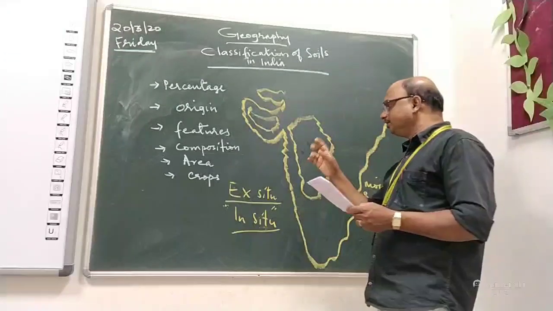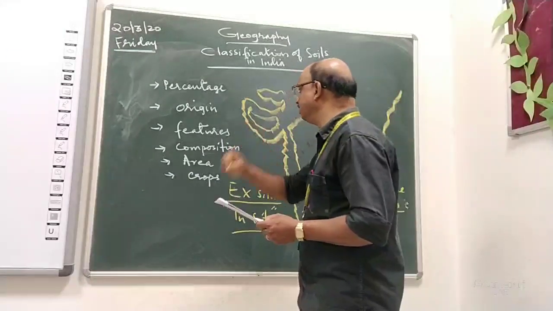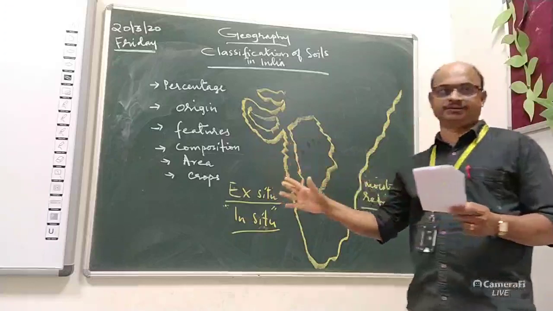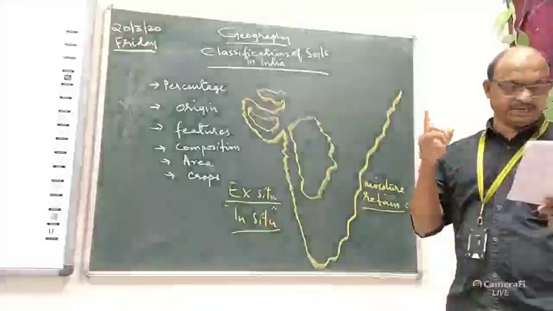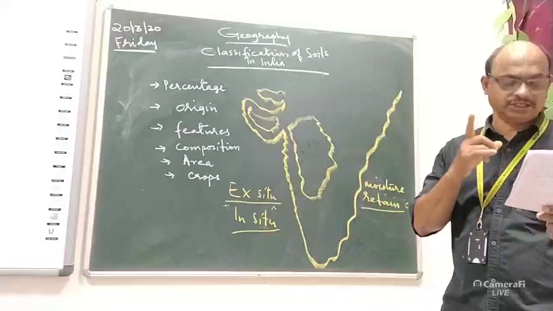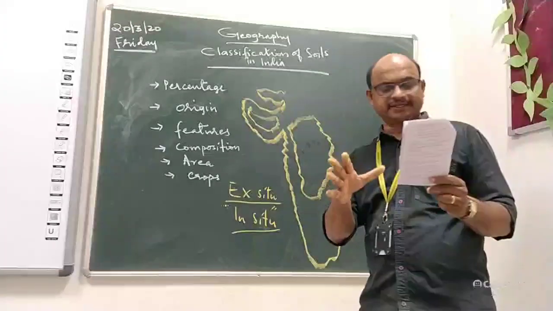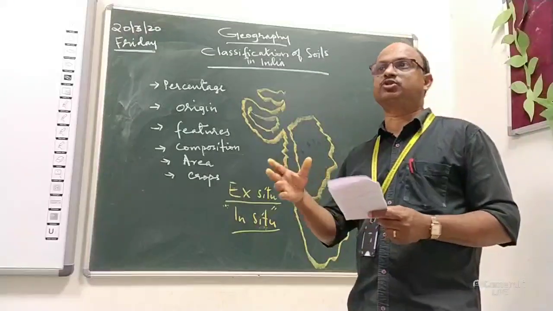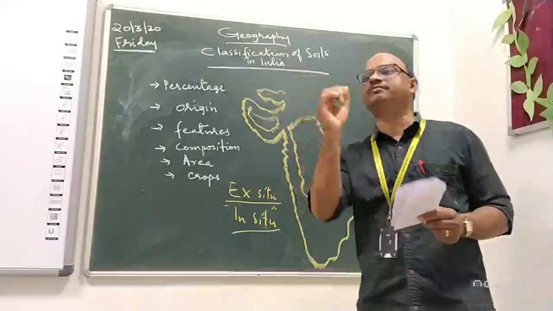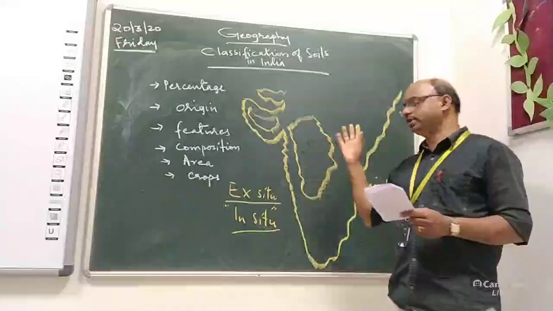And there are certain minerals that are not present here. It is low in phosphate, low in nitrogen and humus. Because of the absence of these, we have to add some fertilizer to this soil to cultivate crops.